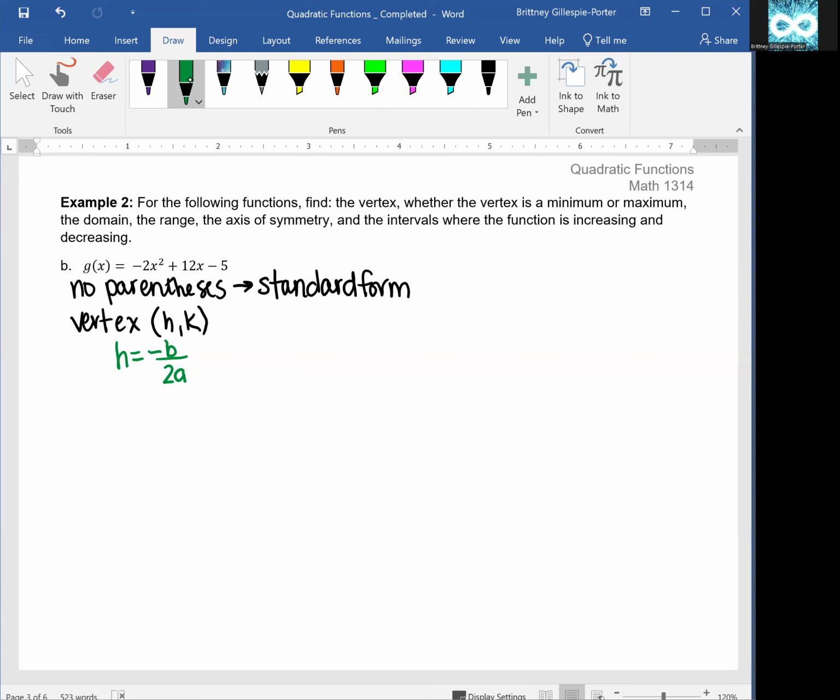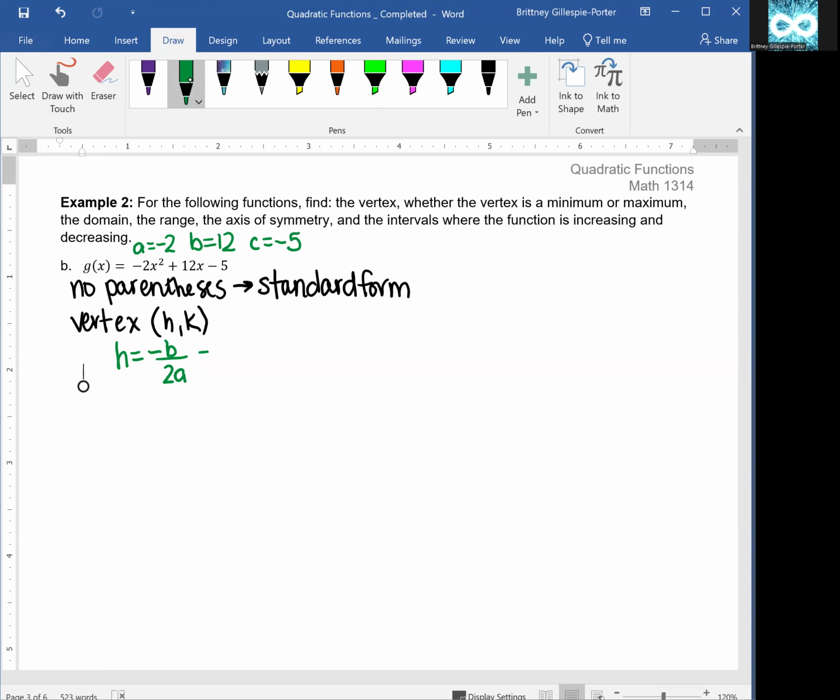Here we go from x squared to x to the first to our constant term, no x's, so we're okay. We find out that a is negative 2, b is a positive 12. In case you just want to complete it, c would be negative 5.